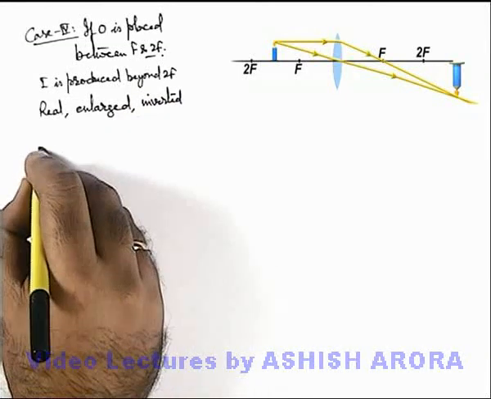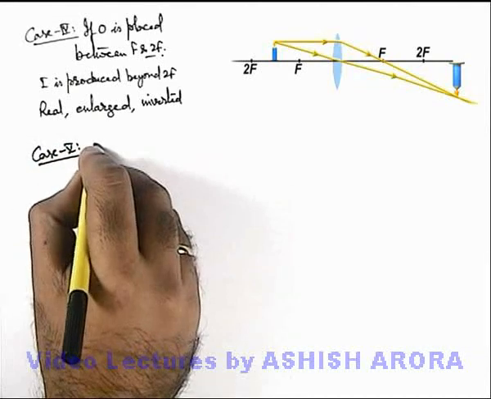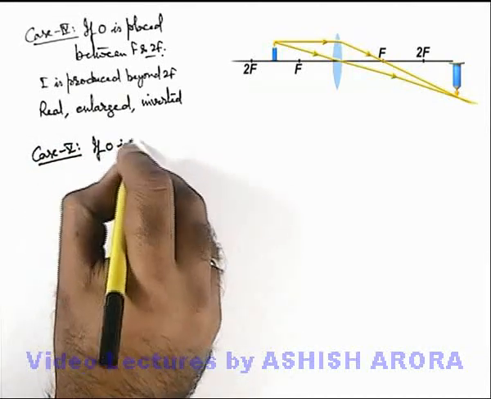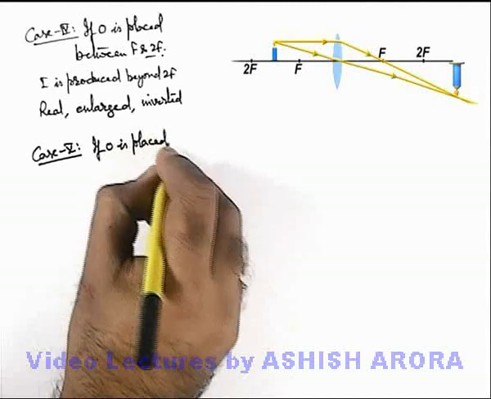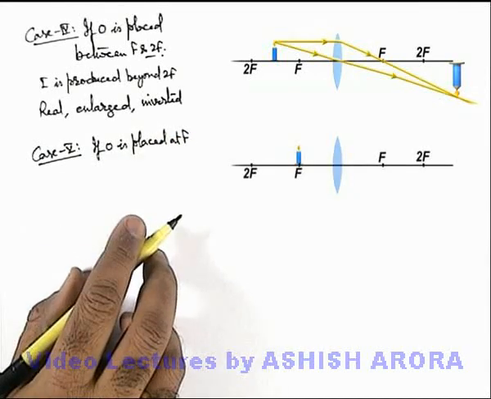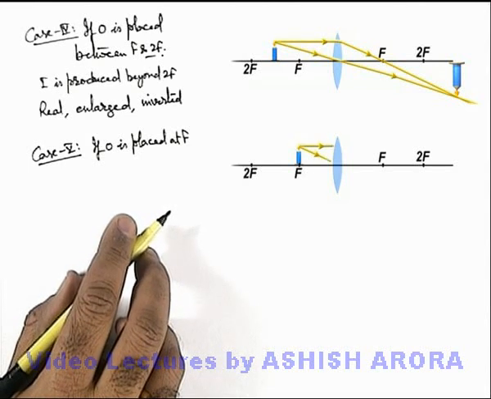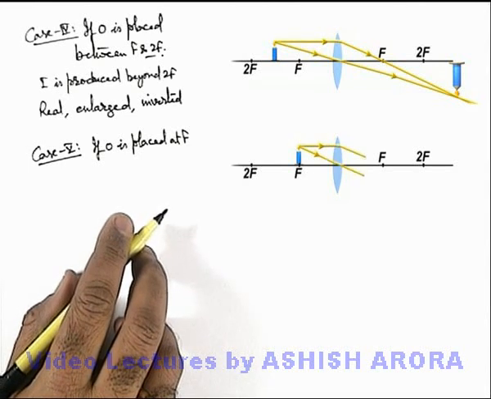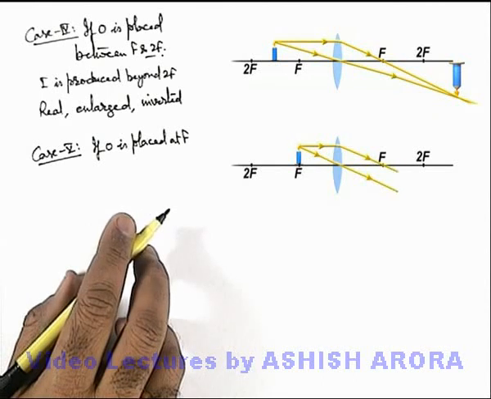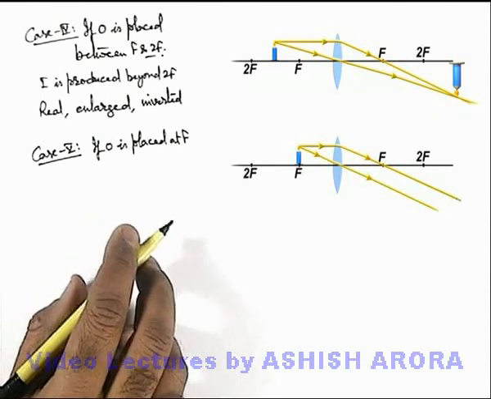Now if we consider case 5, in which O is placed at the focal point, then in this situation the light rays originating from the object, the incident light rays in various manner, after refraction are getting parallel to each other.